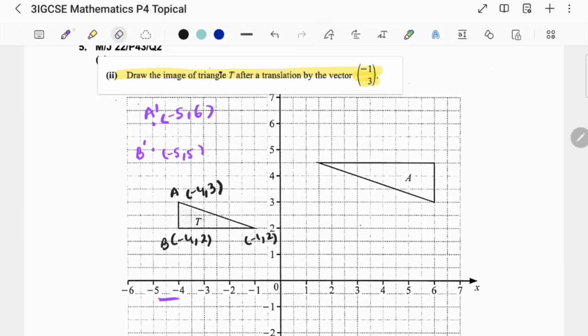All right, so the next point will be -2. You just move there, and then obviously 5, 1, 2 and then 3. So that is -2 and 5, it is the image of C. Now join the points.